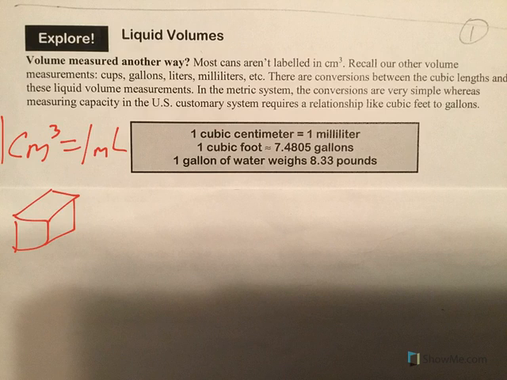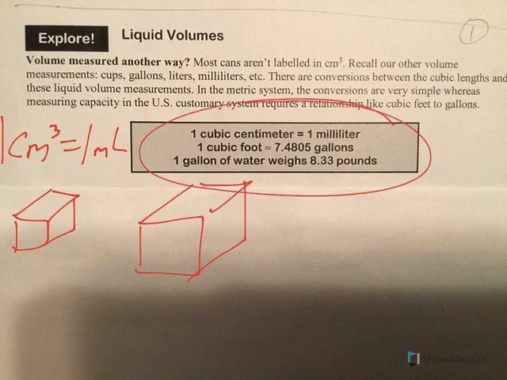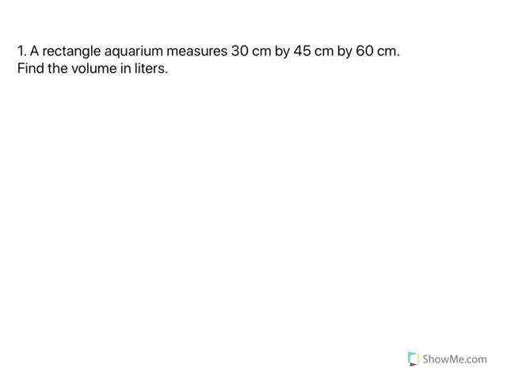Think of a sugar cube as a cubic centimeter, and that's equal to 1 milliliter of liquid. A cubic foot, think about a bigger square. It holds about 7.4805 gallons of liquid. Think of a little footstool type of thing, that's what that is. So we're going to use these three moving forward in the next couple of problems. So keep those in mind.